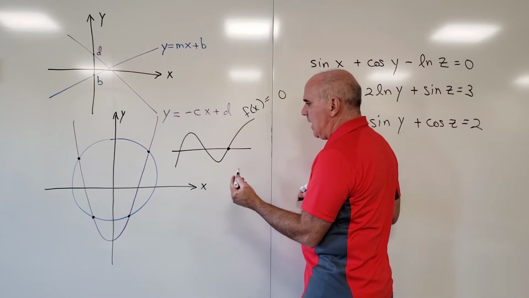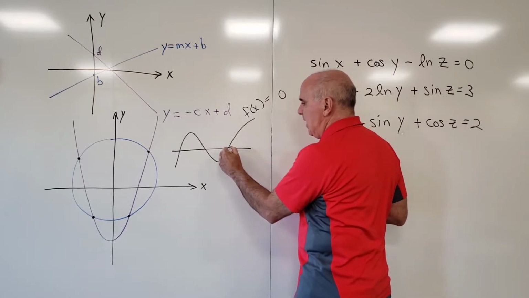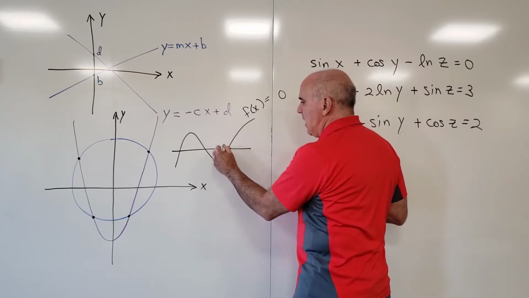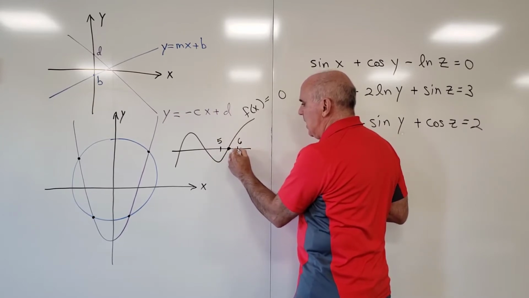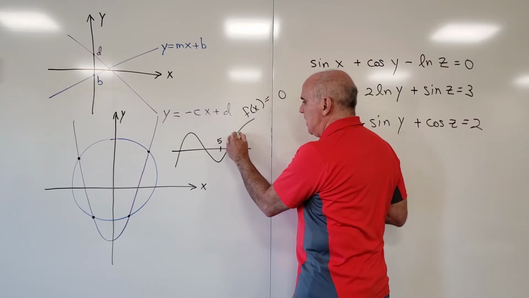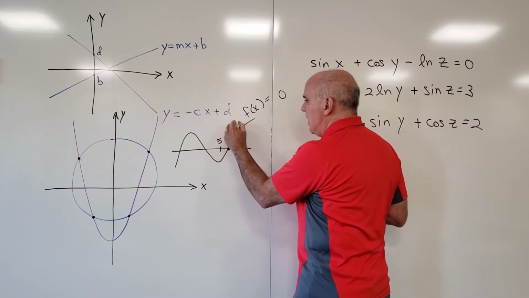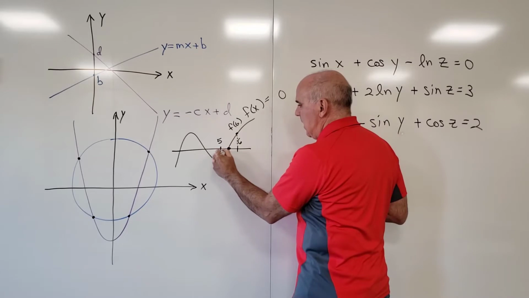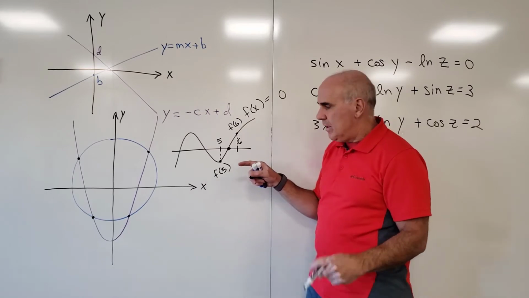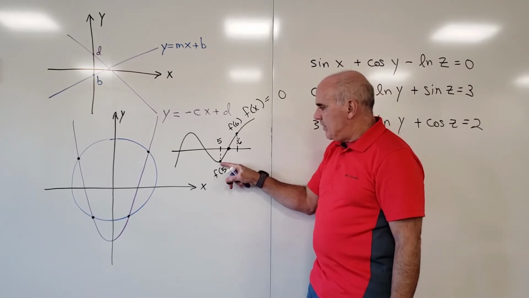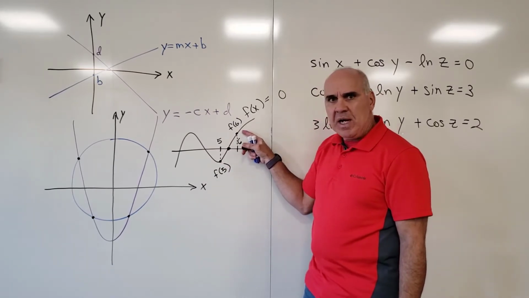Well, one of the things I can do is, if I'm trying to find out the x value for this, I might come over here, maybe this is x equal to 5, and this is x equal to 6. And what I do is I look at x equal to 6 and I solve it. So this is f of 6. And then I do x equal to 5 and I solve for y, so that's f of 5. And what I discover is f of 5 is negative, f of 6 is positive.